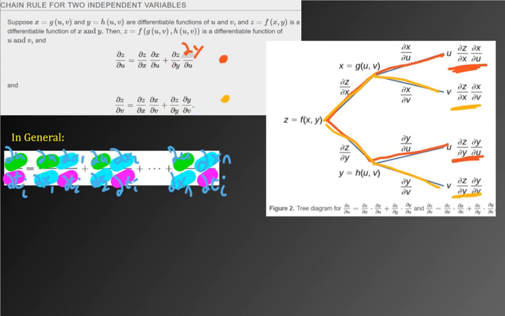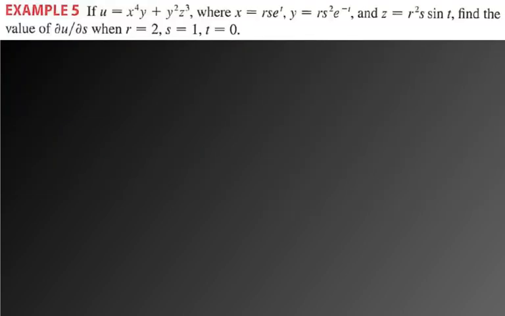So these colors can help a little bit to see the pattern, but that's in general how it looks. I really just want to go through a few examples of these because it can be kind of weird, but once you see some examples, a lot of this is going to make sense.